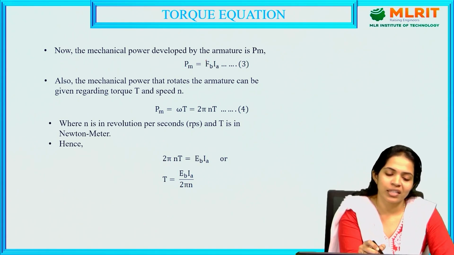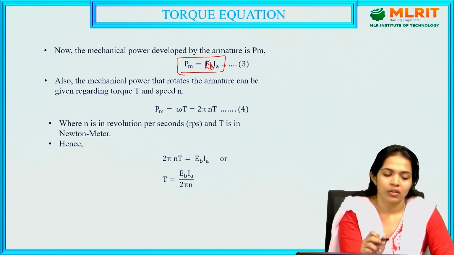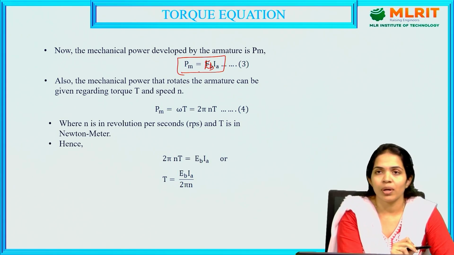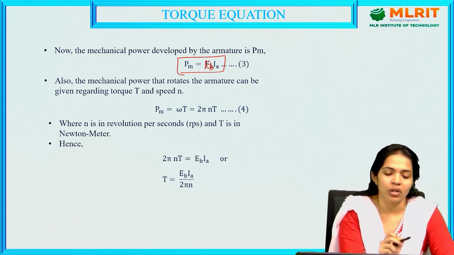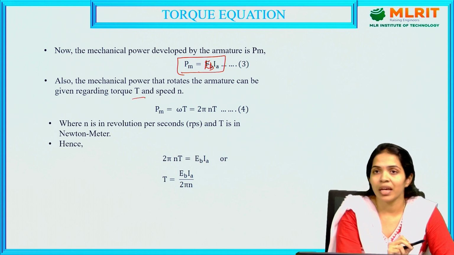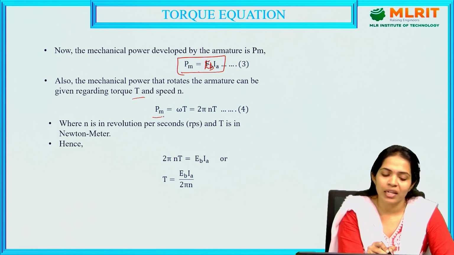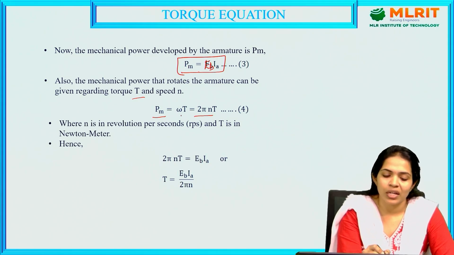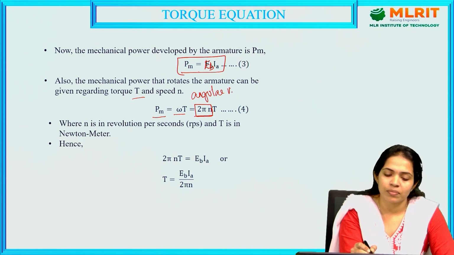From this we can write the equation for mechanical power as Eb into Ia. Also, if we want to write the mechanical power in terms of torque, we can write it as 2 pi n into T. We know that 2 pi n is our omega, the angular velocity with which the rotor drum rotates.